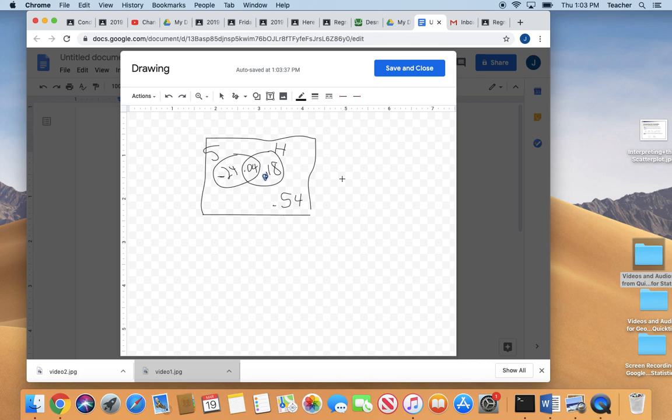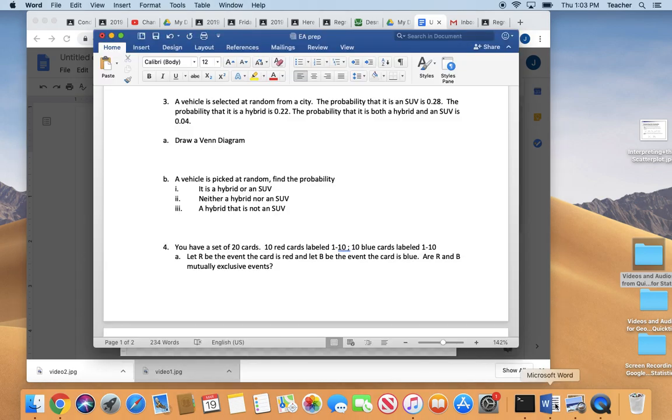Now that I have the correct Venn diagram, I can use that to solve for these probabilities. It says a vehicle is picked at random, find the probability it is a hybrid or an SUV. In probability notation, that's asking me for H or S, for SUV.